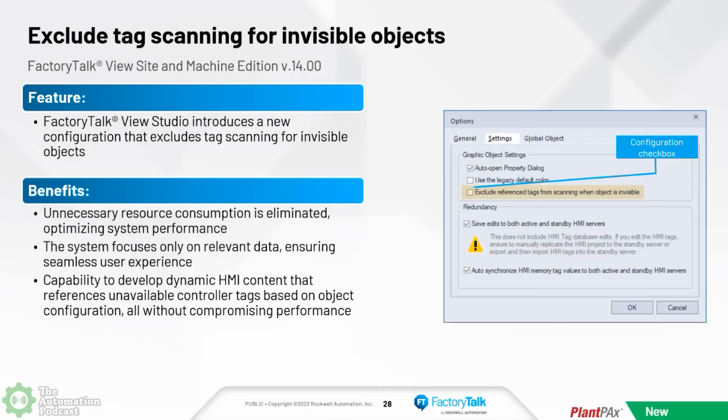But they know that those tags are going to exist in another update, and they want to do the work up front. So what we've done now is give you the ability to add content which is referencing tags that are not in the controller. If you set that object to hidden or invisible, and you check that box to say exclude reference tags from scanning when the object is invisible, then it will not generate wireframes and it won't generate any errors in your diagnostics log.